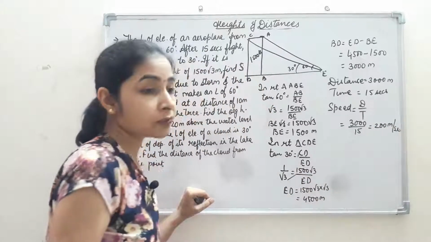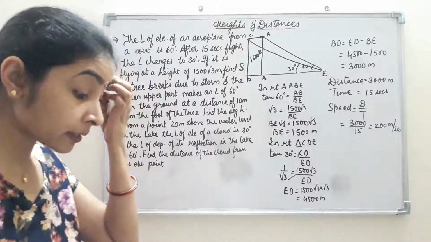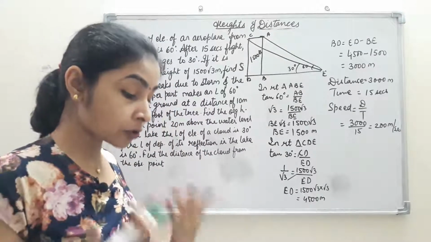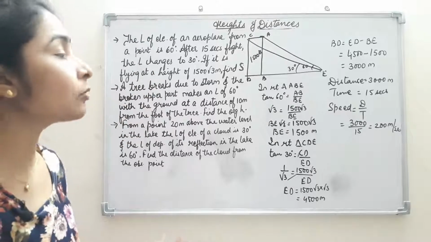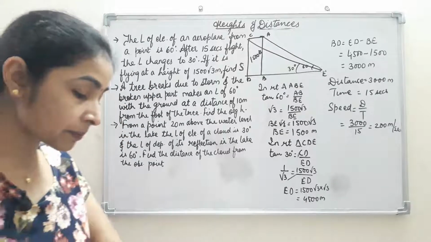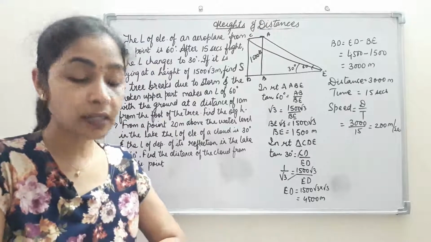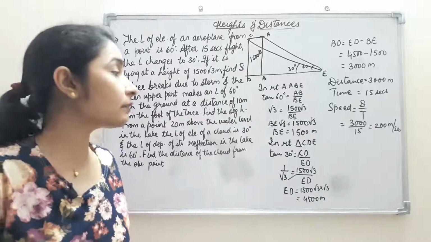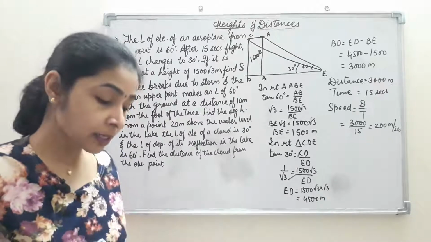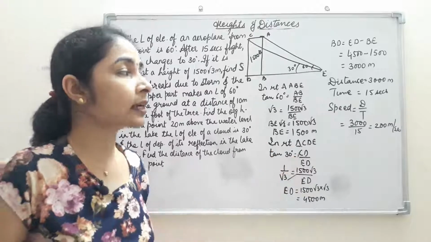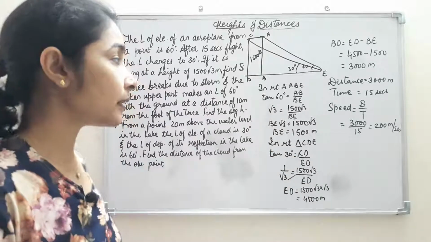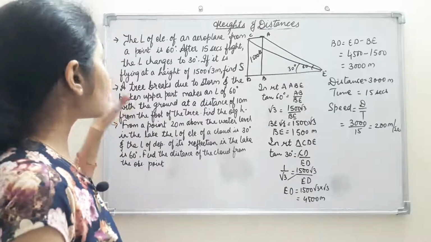So the speed of the aeroplane is 200 meter per second, and if we want to change it into kilometer per hour, then we can just multiply it by 60 into 60 and divide it by 1000. Any one of them is correct, meter per second or kilometer per hour. So this was the first question.